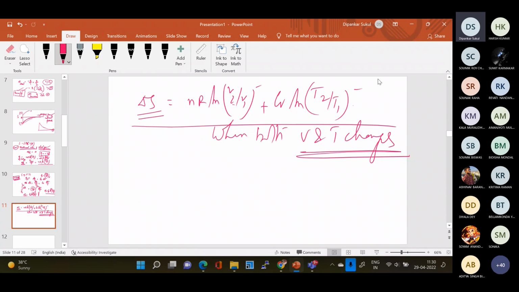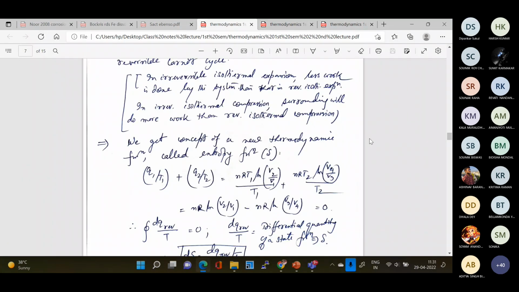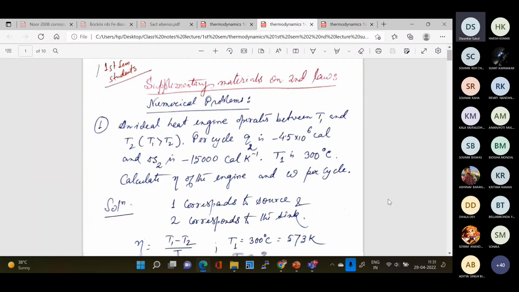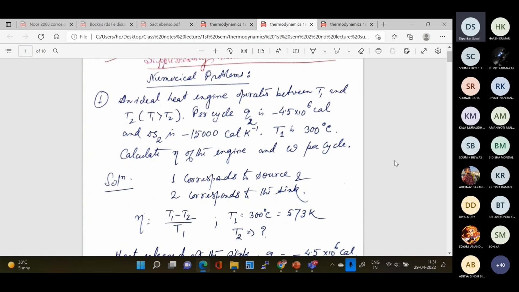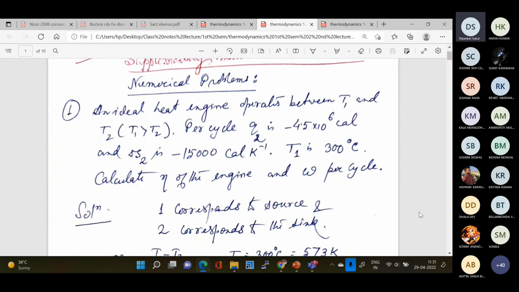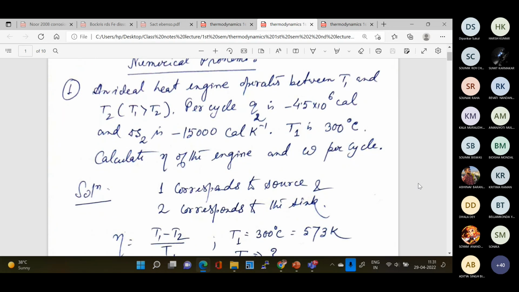Okay, with all those expressions, now first let us consider some numerical analysis. Okay, let's see this one. This is from the Carnot cycle. An ideal heat engine operates between temperatures T1 and T2, and we have given purposefully that T1 is greater than T2.